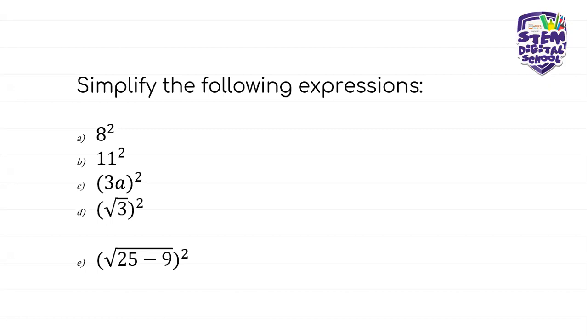Then 11 squared, again, is another form of a square number. The other one, of course, was 3a all squared, which we multiplied and found 9a squared to be the answer. And then don't forget the square root as well.